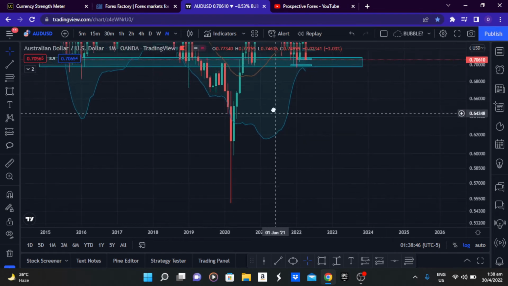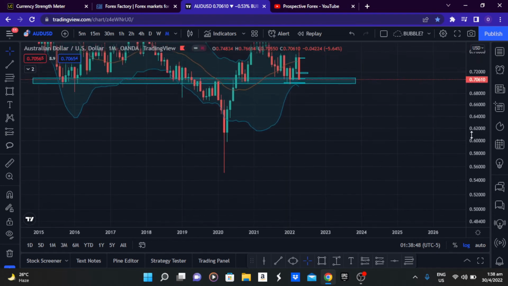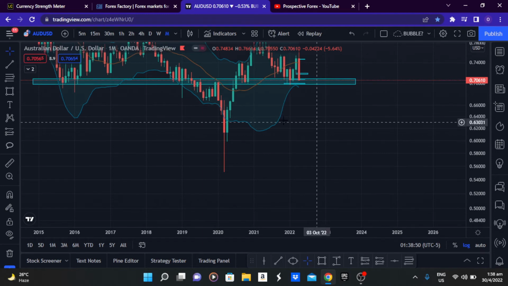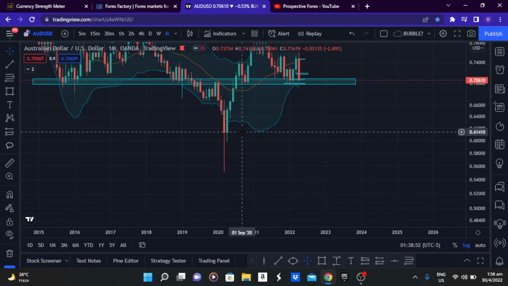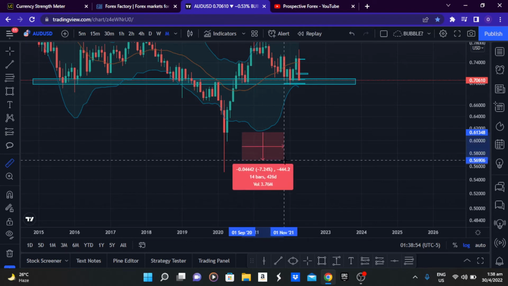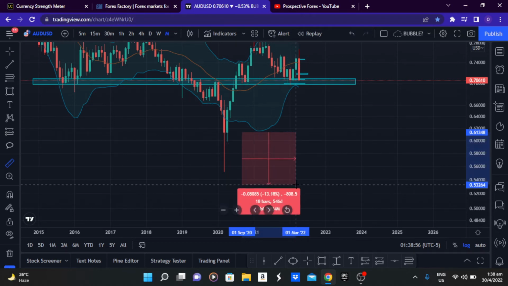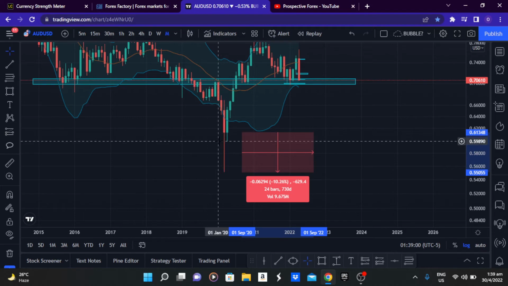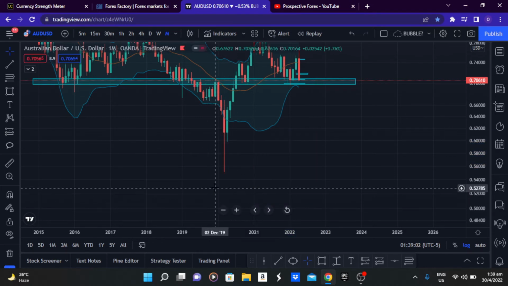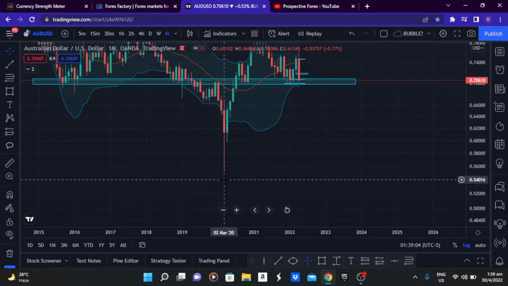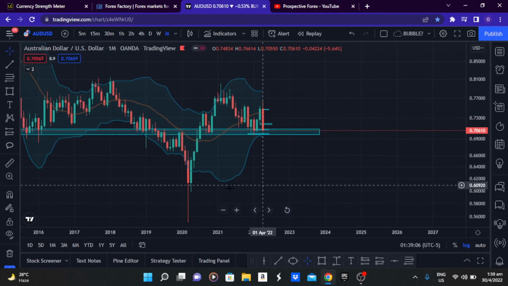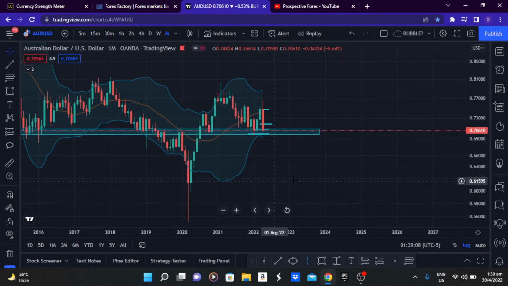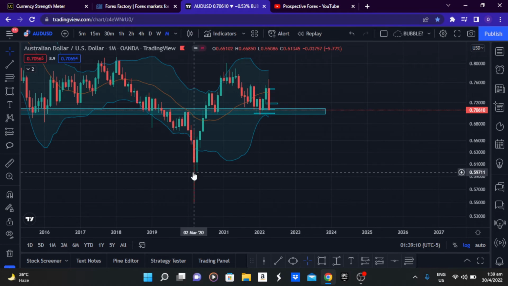So based on the price action that I'm seeing, we might fill this week here. And this is from 2020. We might fill this week.